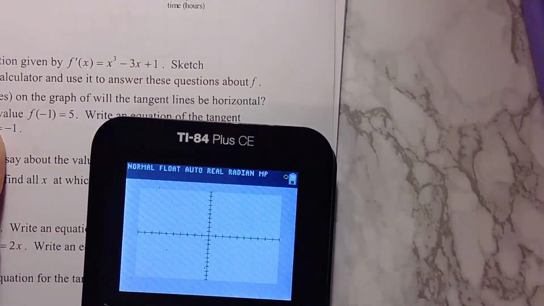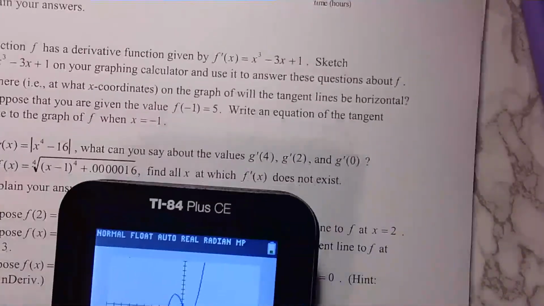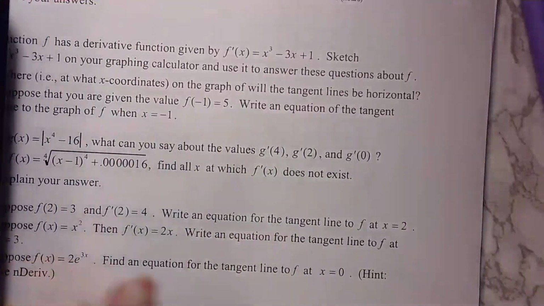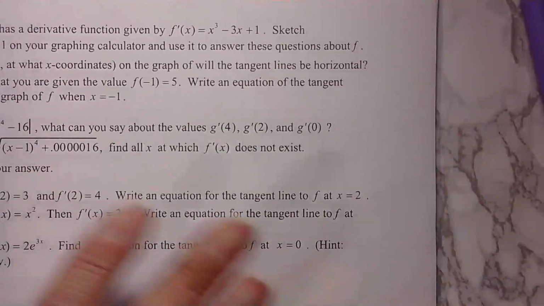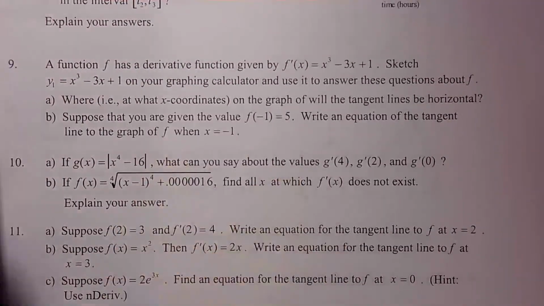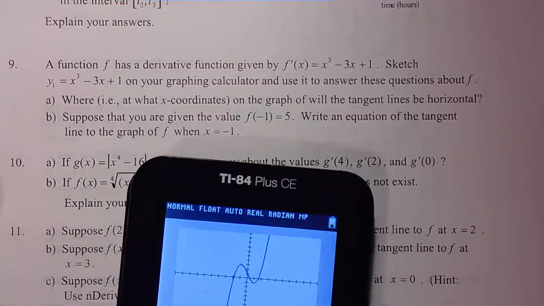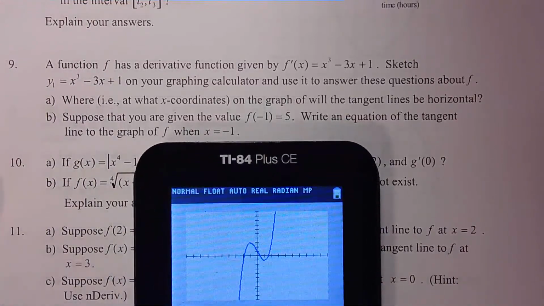So if I hit the graph key, there's my derivative. I have to keep reminding myself that I'm dealing with the graph of the derivative here. That's not what I want. I want this way, and I want this right below. I think that fits pretty good.